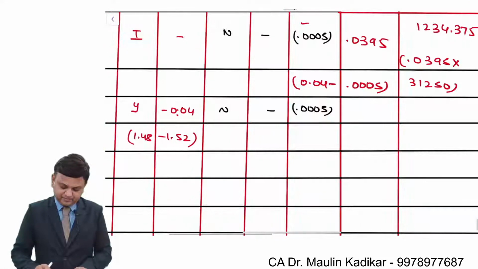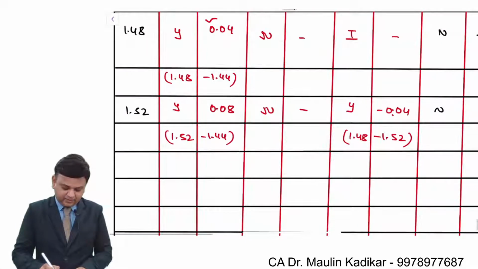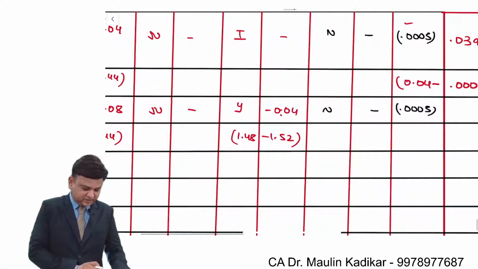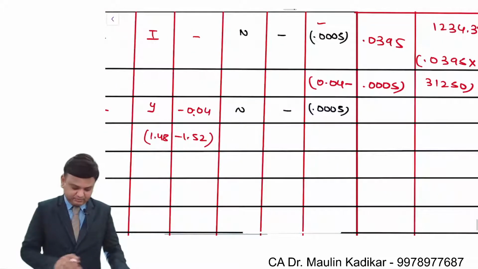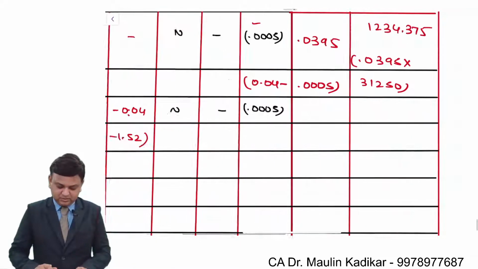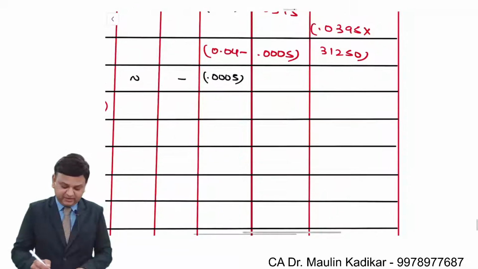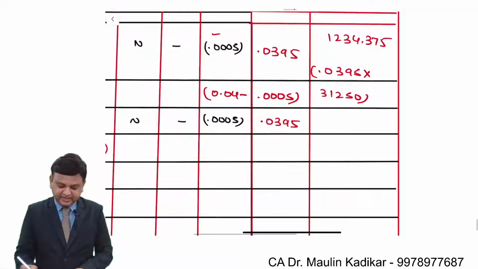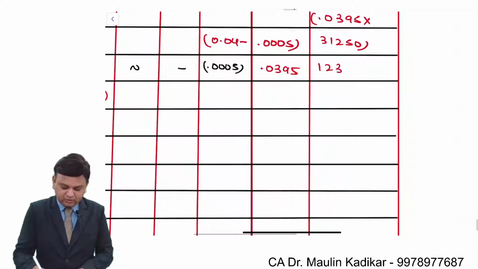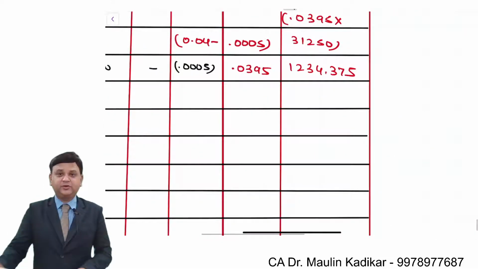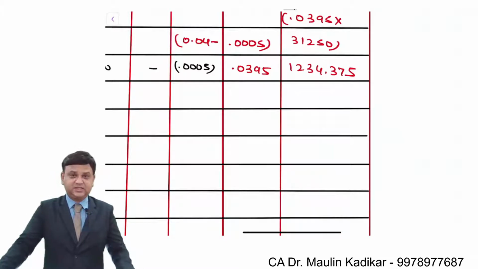Next, 0.08 positive minus 0.04 minus 0.0005, so 0.0395. The final answer is same, 1234.375. This is the way we'll make the computation of the profit or loss for different spot exchange rate.